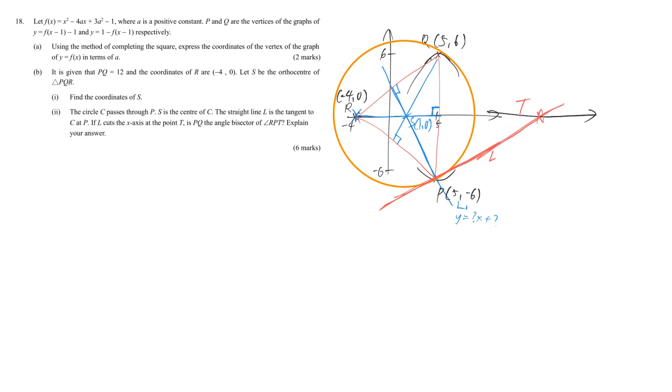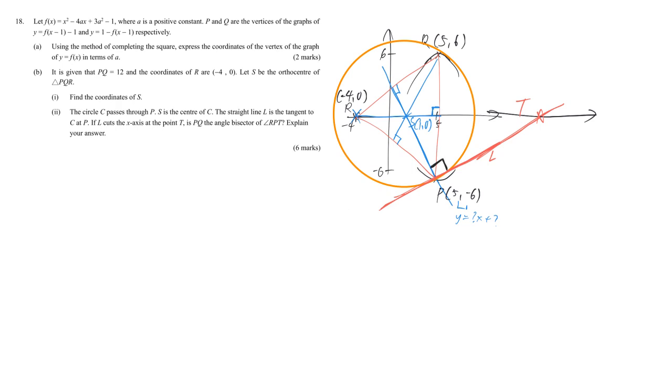But anyway, if you're trying to find the position of T, it's definitely not difficult. Just simply remember the property, radius perpendicular to tangent, which implies that we have a perpendicular line here. This is perpendicular.